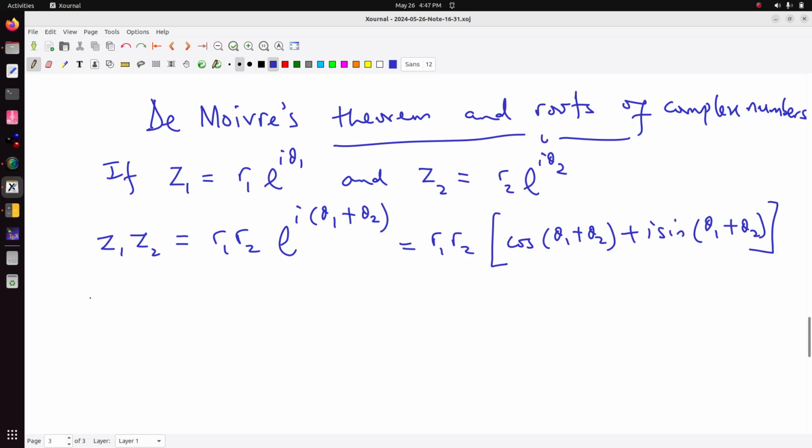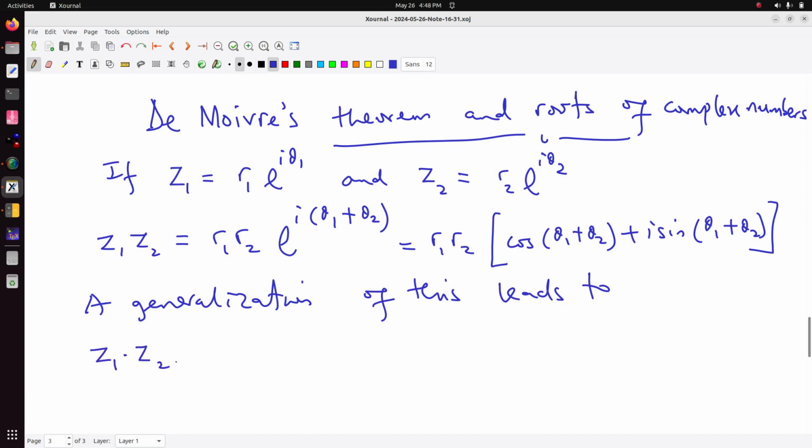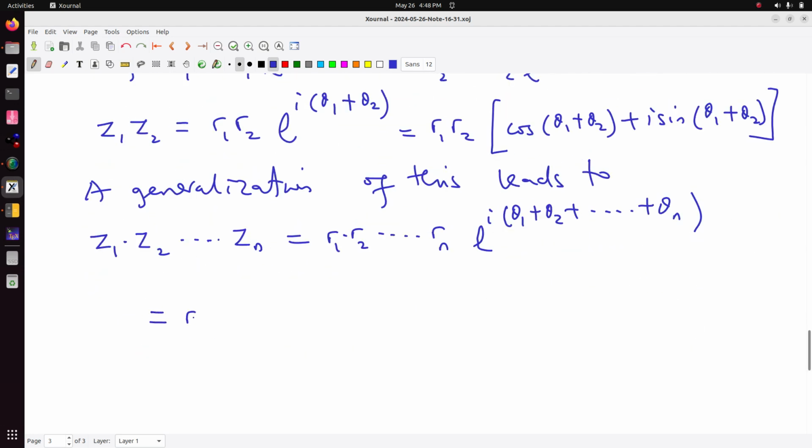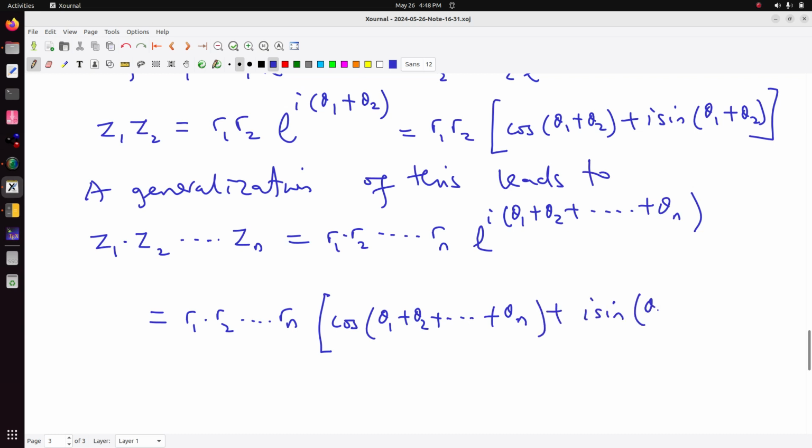Now, if we generalize this to n complex numbers, z1 multiplied by z2 up to zn will be r1 multiplied by r2 up to rn, then exponential i into bracket theta1 plus theta2 plus up to thetan. This can be written as r1 r2 ... rn in bracket cos(theta1 + theta2 + ... + thetan) plus i sin(theta1 + theta2 + ... + thetan).